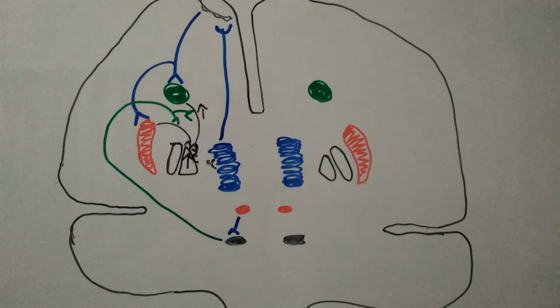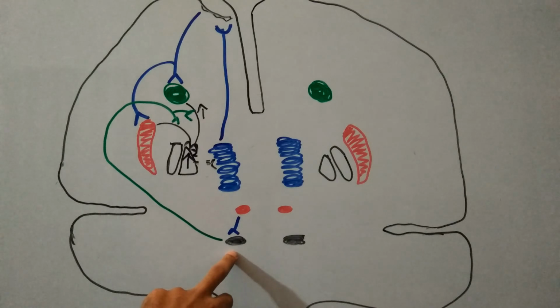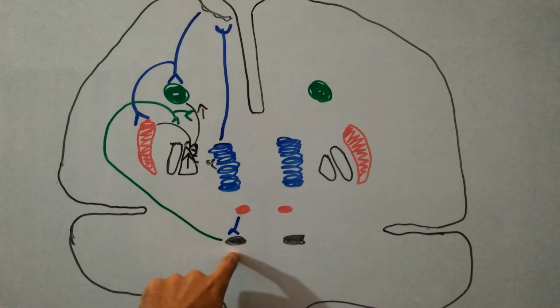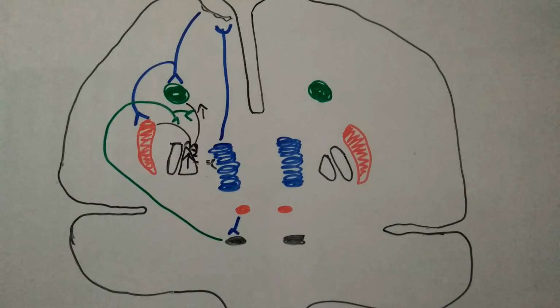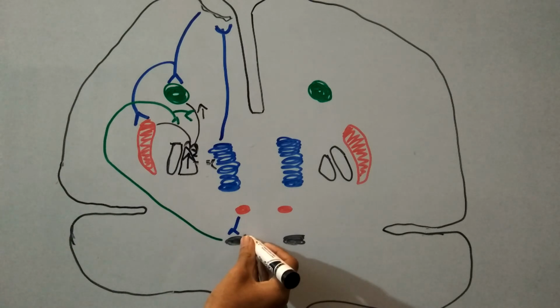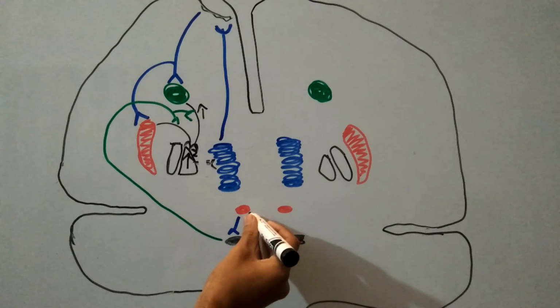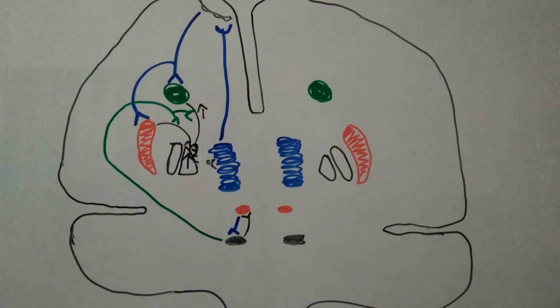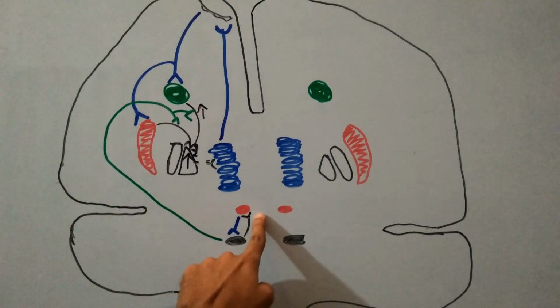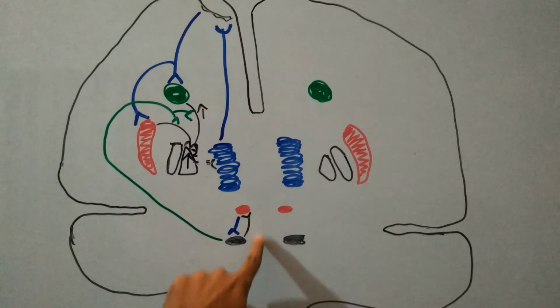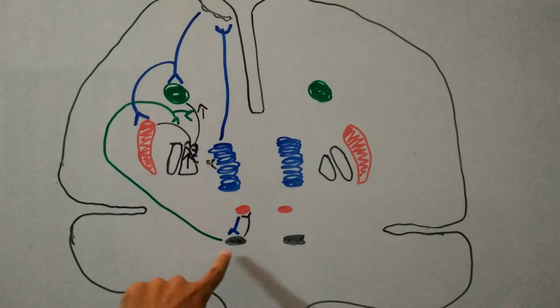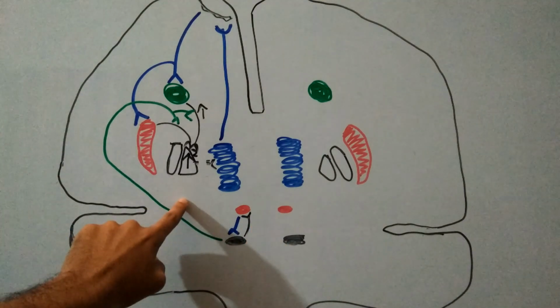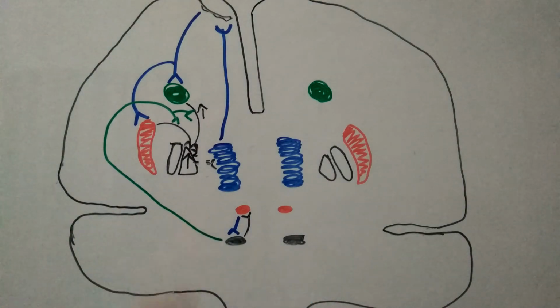Okay, but we have had enough of the movement now. The substantia nigra needs to regulate itself, so it in turn sends inhibitory GABA neurons to the subthalamus. So the substantia nigra inhibits the subthalamus again and tells it to stop exciting it, so that it can stop this pathway and keep things in check.